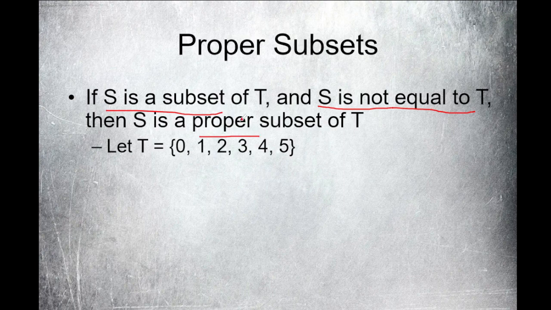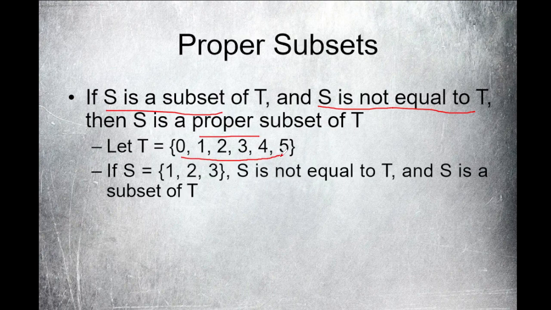So suppose I am having T as 0, 1, 2, 3, 4, 5, and my set S is 1, 2, 3, 4, or 1, 2, 3, whatever it is. But here you can see that S is having fewer elements than T, only some elements are matching, not all the elements.